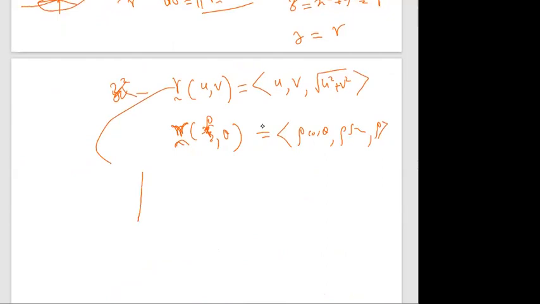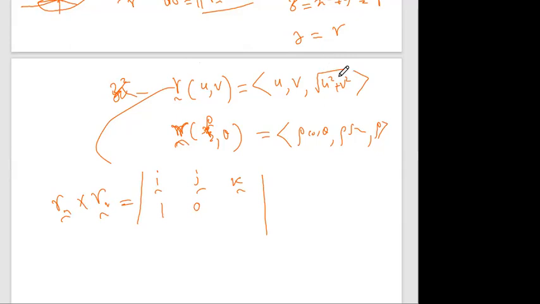So this is r_u cross r_v, with components i, j, k. Partial with respect to u is 1, 0 when you differentiate this. What is this?